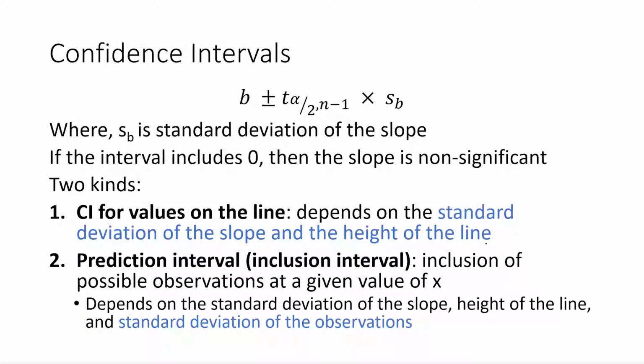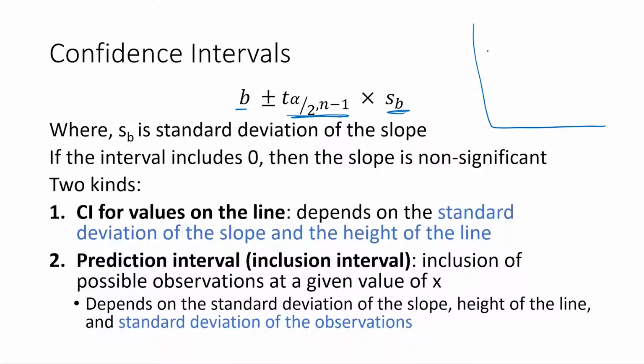We can also calculate confidence intervals for our lines. Again, this isn't something that you're going to be doing for your homework assignment or for the exam next week. But essentially, this equation for confidence interval should look familiar. So we've got our slope plus or minus our t critical value times the standard error for B. And this confidence interval pretty much creates bands around our line.